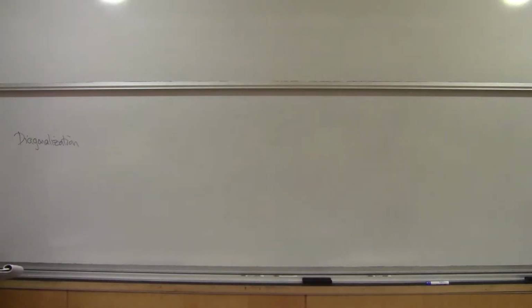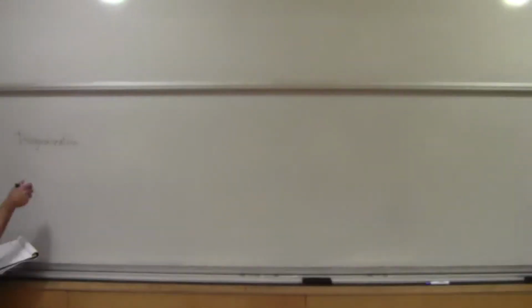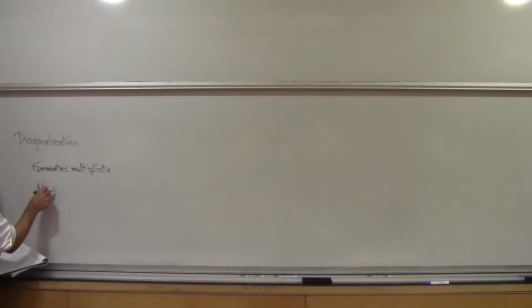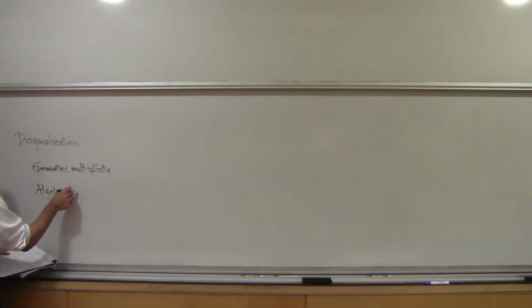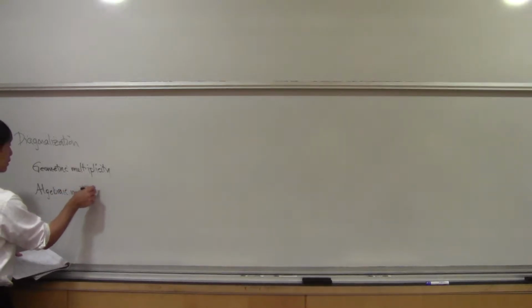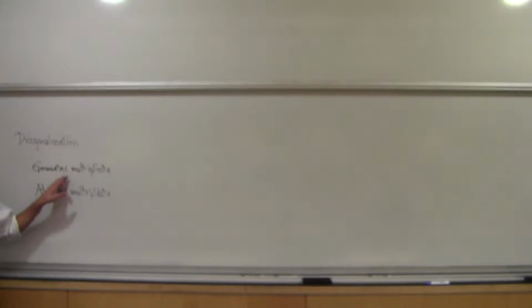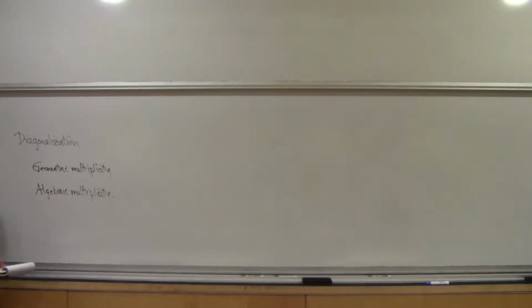What we ended up with last time was this thing about geometric multiplicity and algebraic multiplicity. What did we see?